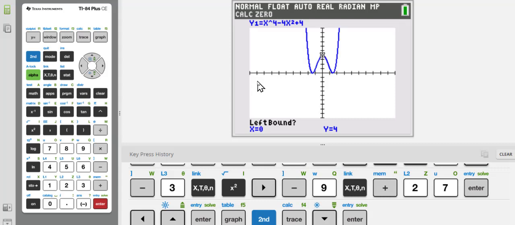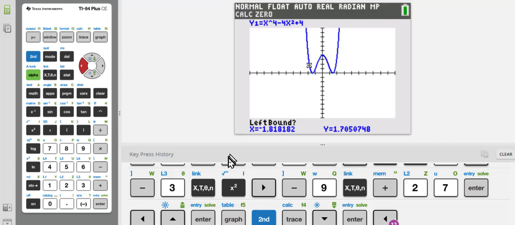Zero, and it's going to ask the same things, a left bound and a right bound. So if I want to find this leftmost one, you have to find these each separately. Remember, a zero is an x-intercept, so I want to go to the left of that, hit enter, go to the right of just that one that I'm looking for. Don't go all the way to the right.